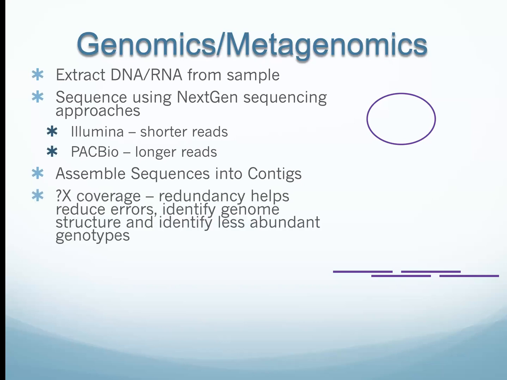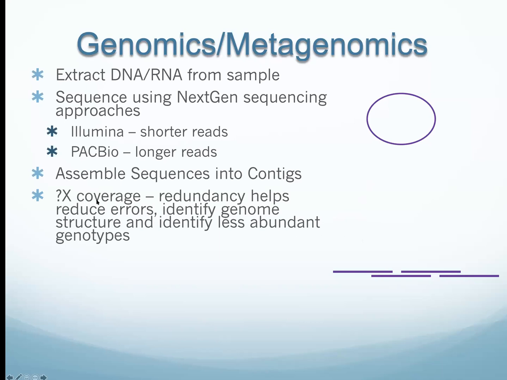And so what we do is we sequence a lot, and that's the really great thing about next generation sequencing. With clones and Sanger sequencing, you would get hundreds of reads. With next gen sequencing, you get millions of reads or tens or hundreds of millions of reads. And so what that allows you to do is get very high redundancy in the sequencing.